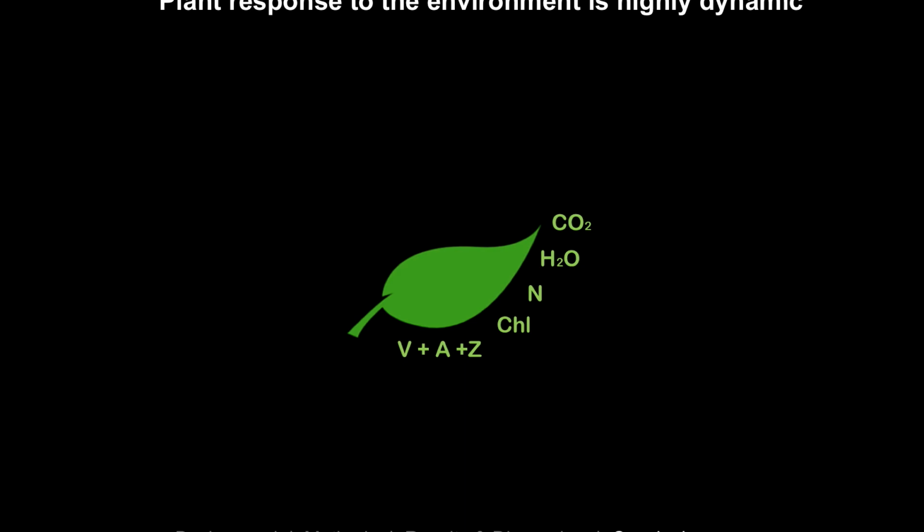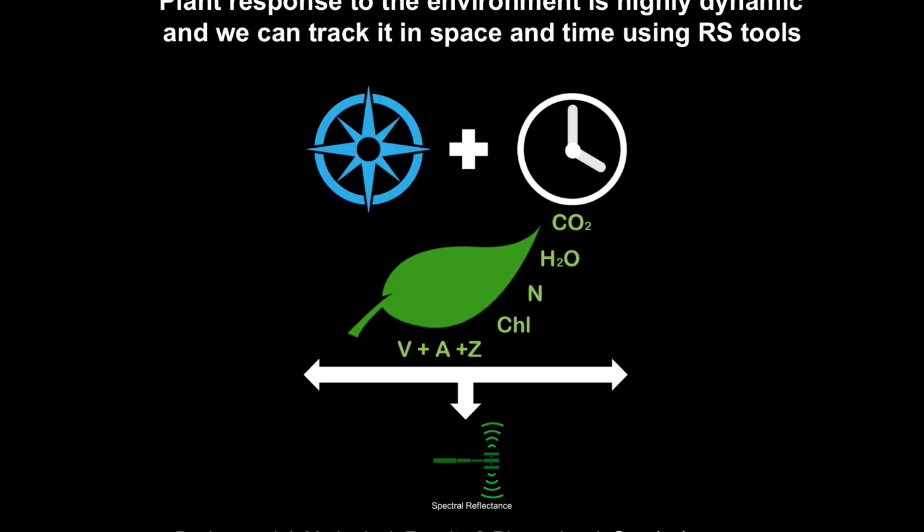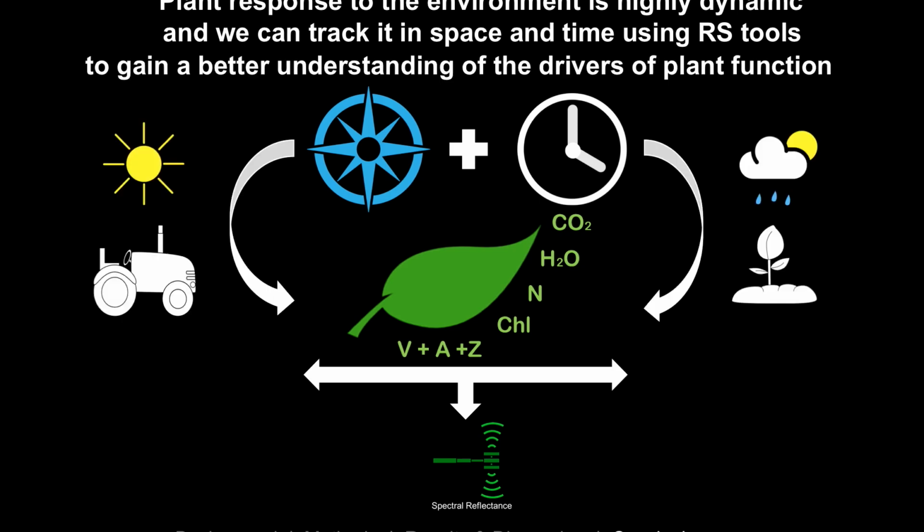So overall, we know that plant response to the environment is highly dynamic, and we like to think that we can track this in space and time using remote sensing tools to ultimately gain a better understanding of the drivers of plant function and what these drivers might be doing in controlling these plant responses.